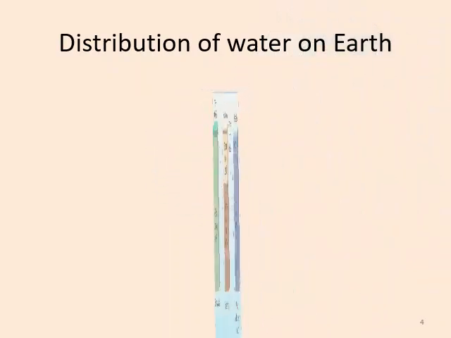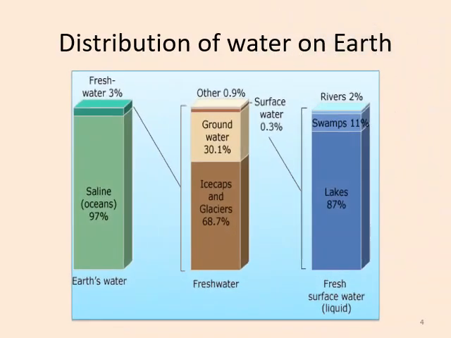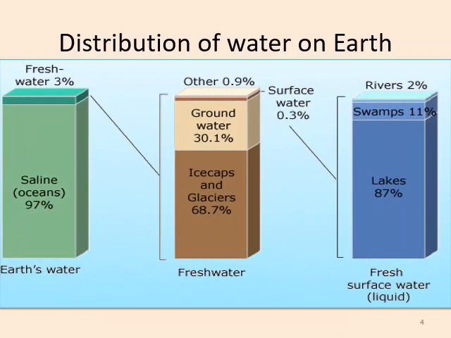So, the distribution of the water on the earth is shown here by a bar chart. As you can see, the saline water is 97% and fresh water is 3%.